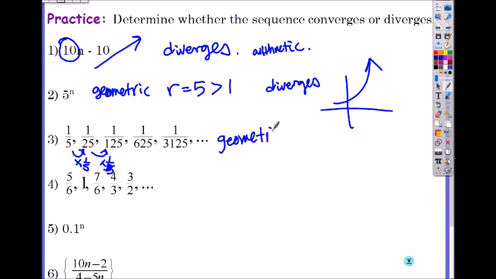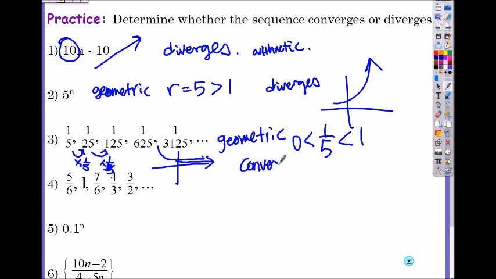What is the ratio? 1/5, is that between 0 and 1? Yes, then it gets smaller and smaller as you can see. What's 1/3 to the fifth, 1/125? It's like 0.0001. It gets closer and closer to 0, but never becomes negative. So it will look something like this. Okay? So this is converging to what? 0. The limit is 0.